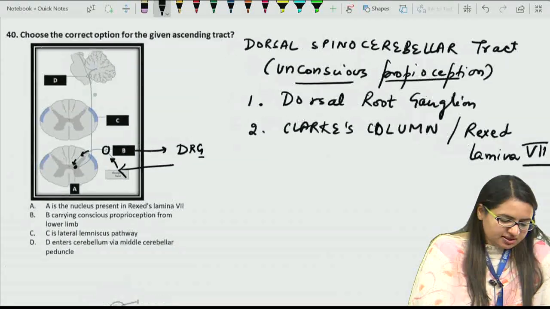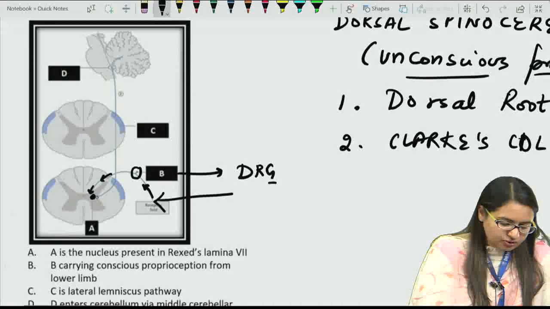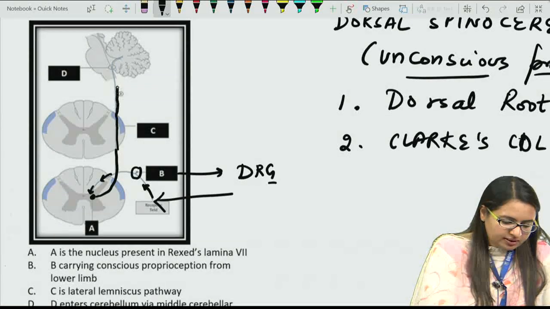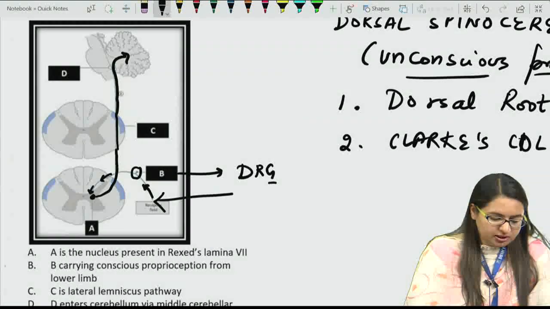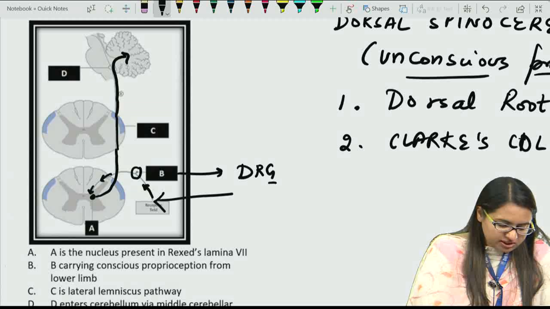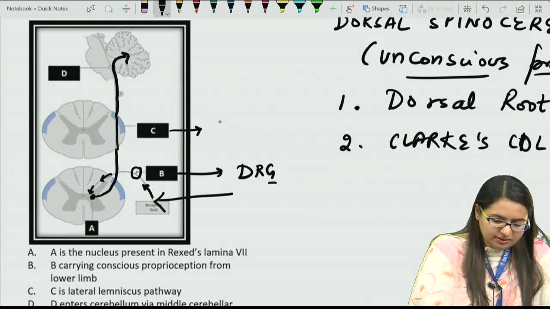Now the axons of the second order neuron ascend upward, going towards the cerebellum through the inferior cerebellar peduncle. So the C structure shown here is the tract, the dorsal spinocerebellar tract.